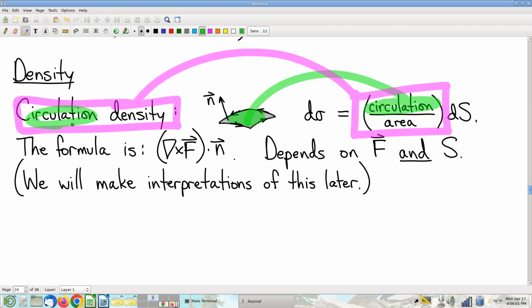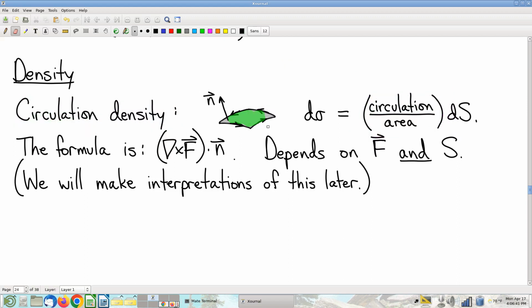It's morally equivalent to what we talked about: circulation density in the two-dimensional Green's theorem context, flux density in the three-dimensional Gauss context, change density in the fundamental theorem of calculus context. Same idea. It's accumulating quantity per unit size, and quantity per unit size times size gives you quantity. So it's literally a density in the usual sense of the word.